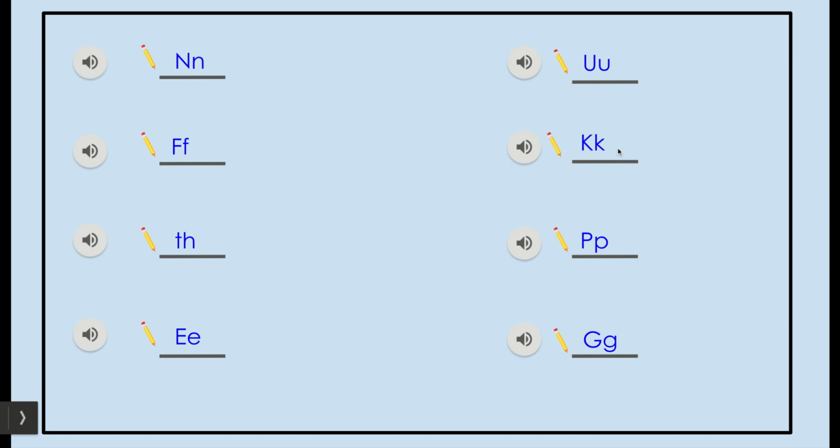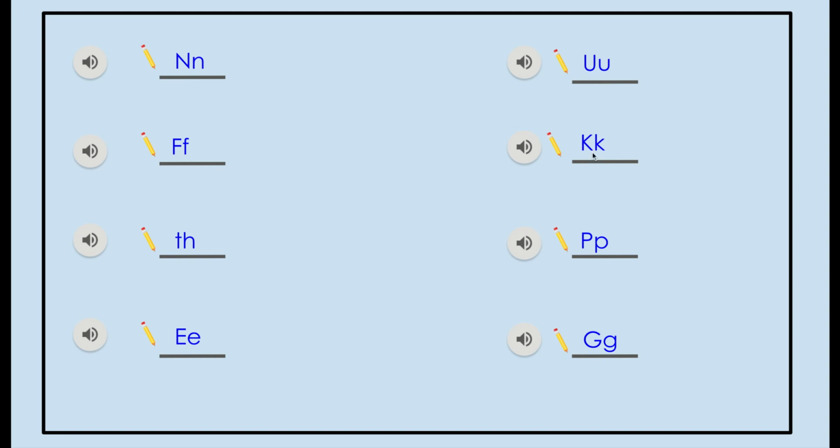If you wrote the letter C for the sound K, you would also be correct, like in cat. Kite and cat sound the same at the beginning, but they're two different letters making those sounds.